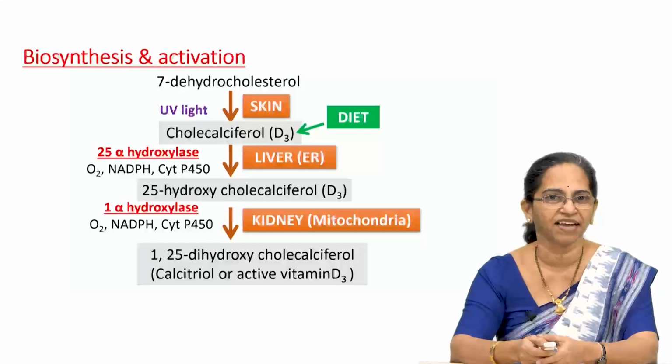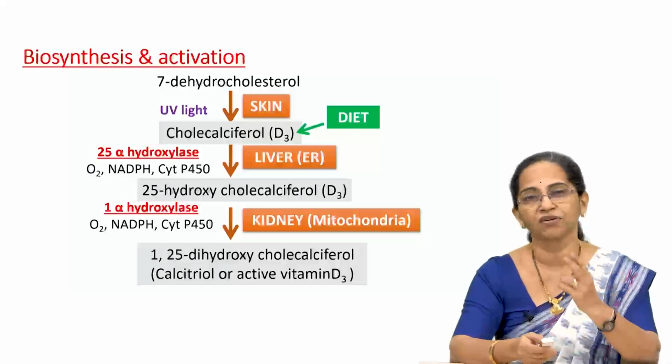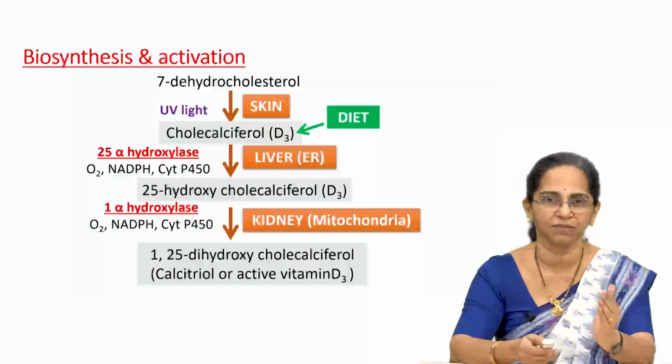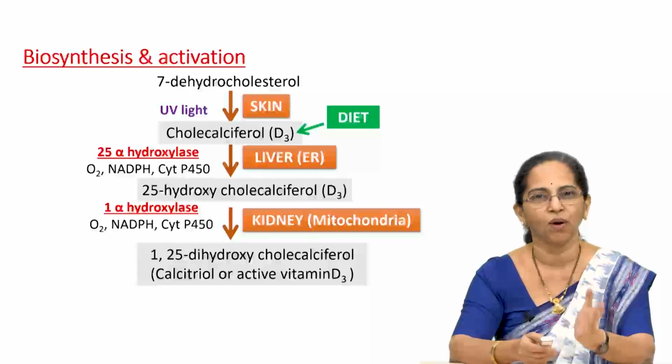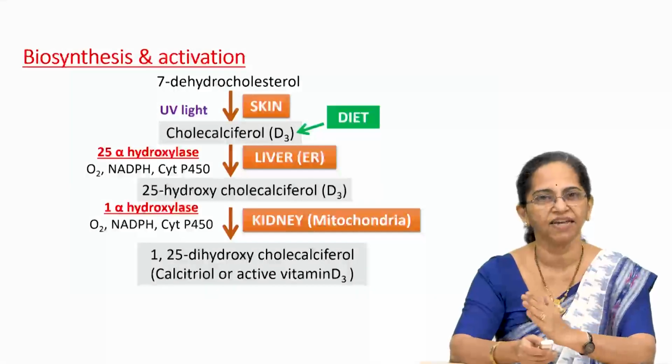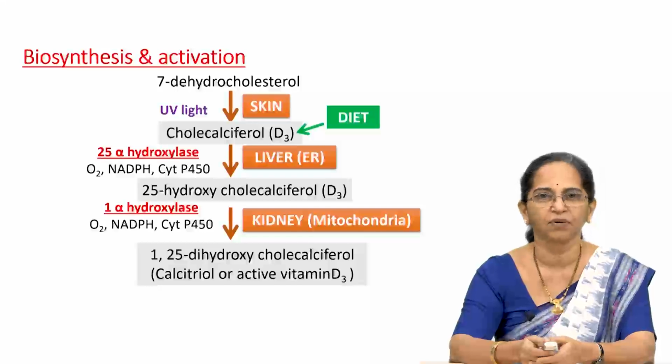What's the name of the active form? You can call it calcitriol, where 2 hydroxyl groups have been added at the first position and the 25th position. In other words, it's called 1,25-dihydroxycholecalciferol.